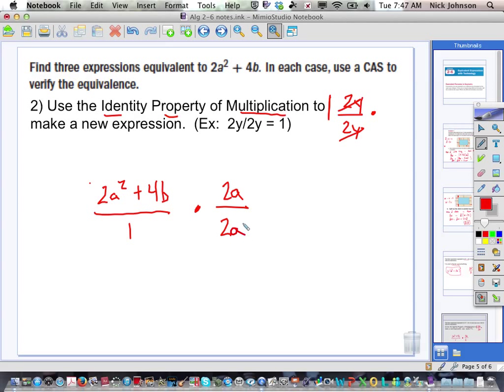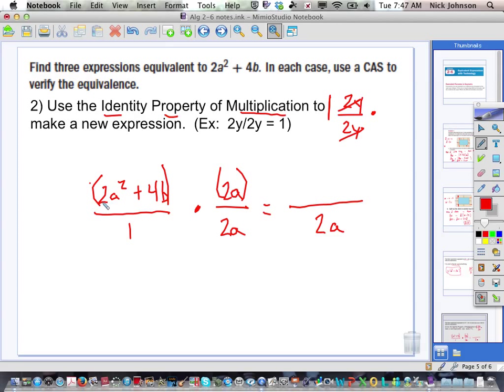I just picked something random. I used letters that they were already using because it makes it easier sometimes. Remember, I'm just writing another expression that means the same thing. The denominator's easy. 1 times 2a is 2a. Now I have to distribute this 2a across this whole thing.